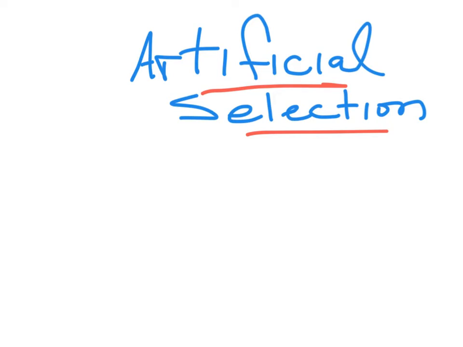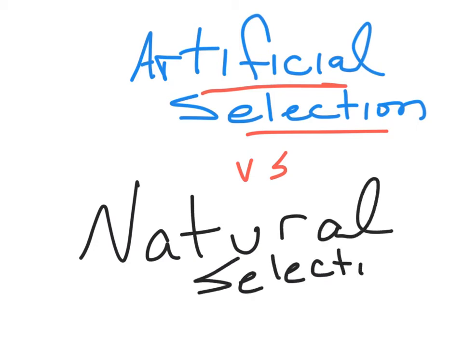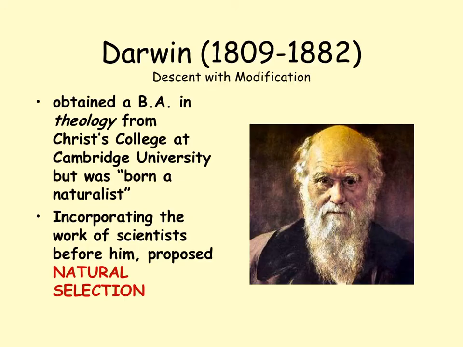But the question is, how does that compare to what would maybe happen in nature? If artificial selection occurs, what about natural selection? Charlie Darwin, which I call him, I'm on a first name basis with this dude.